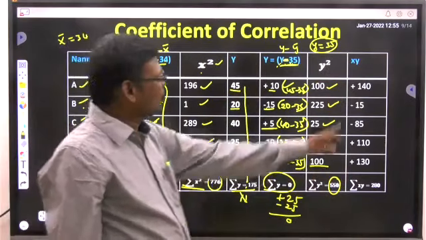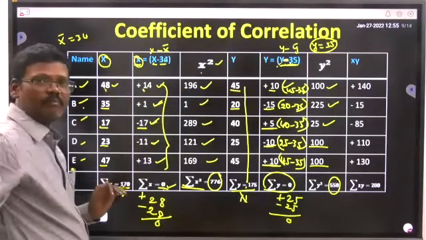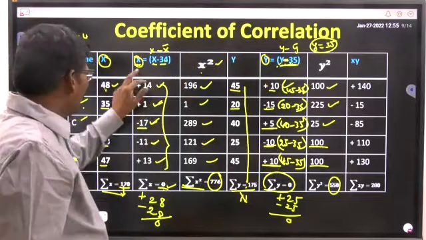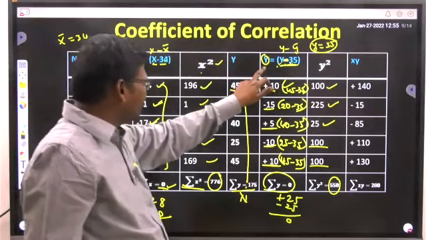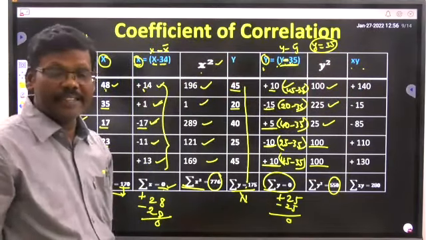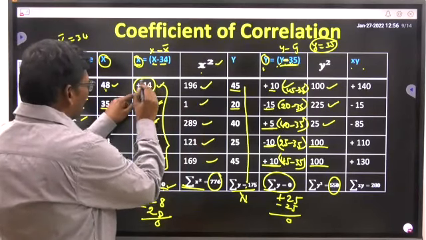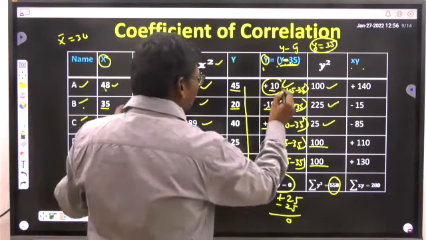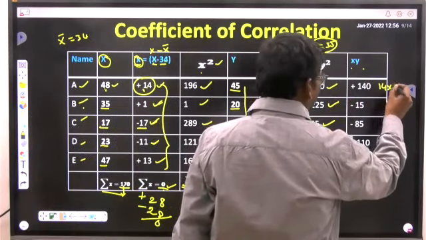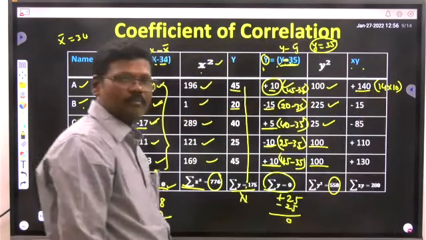So these are the x and these are the y. If we multiply this and this, we will get xy. 14 into 10 is 140, so xy is equal to 140.